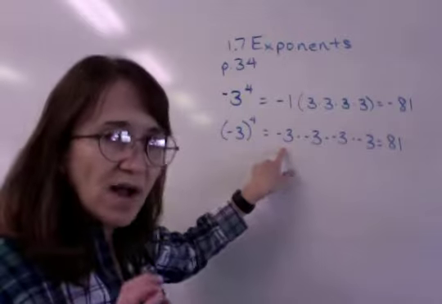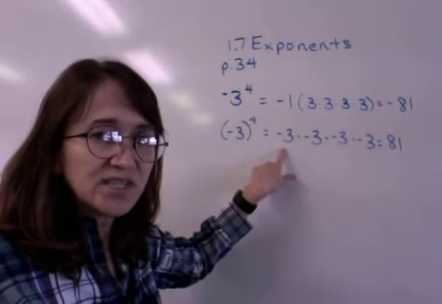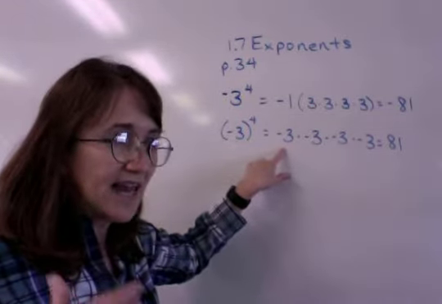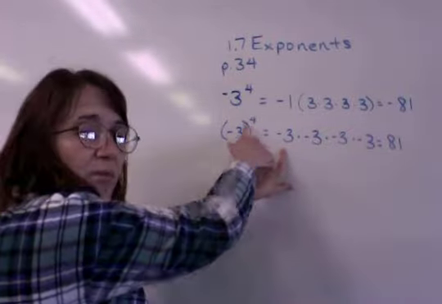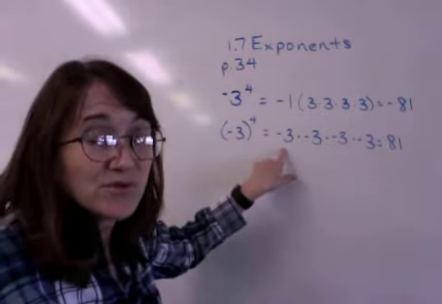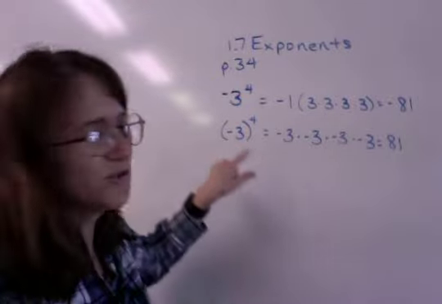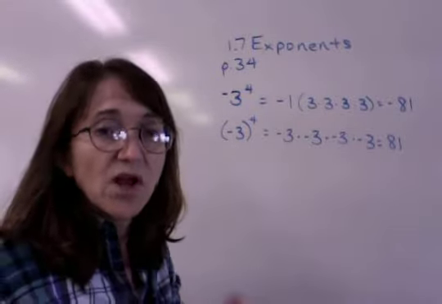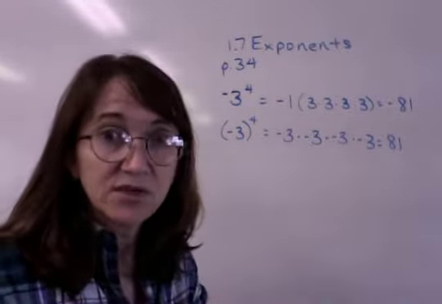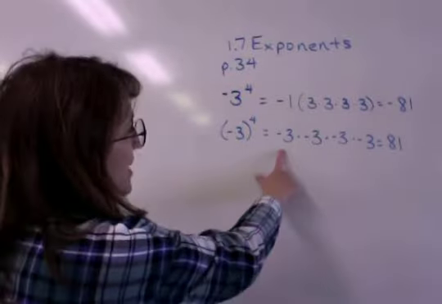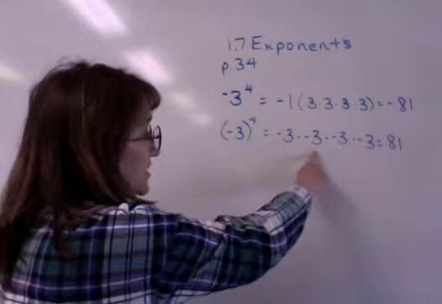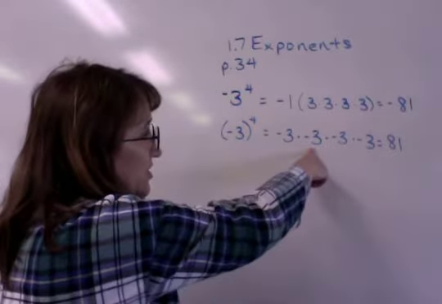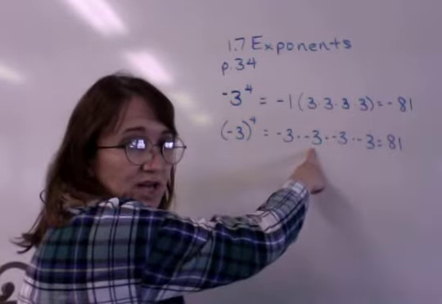And of course, what you might remember from chapter 1 is if you have an even numbered power and your number is negative, you're going to end up with a positive. For instance, look what happens. If I multiply a negative to a negative, -3 times -3, I suddenly have a +9.